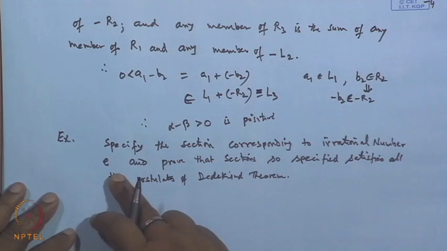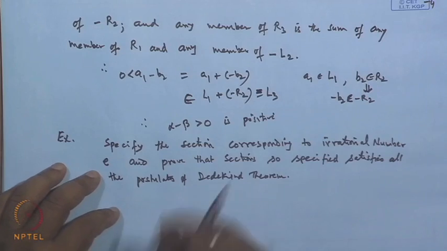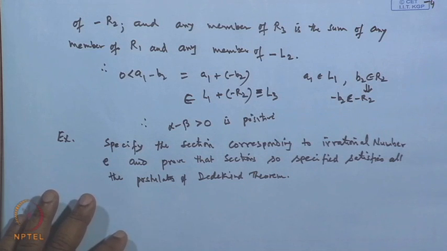So, these three postulates are there. So, corresponding to e, you first define the sections, okay, and then show that this section satisfies the conditions. Okay. Let us see this.